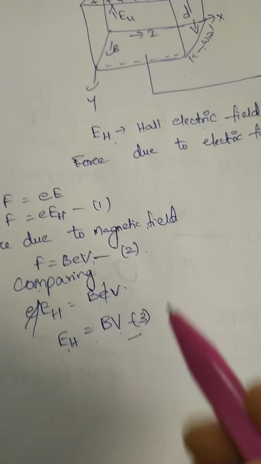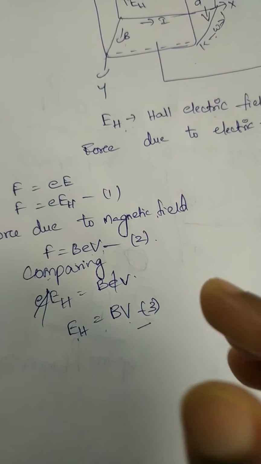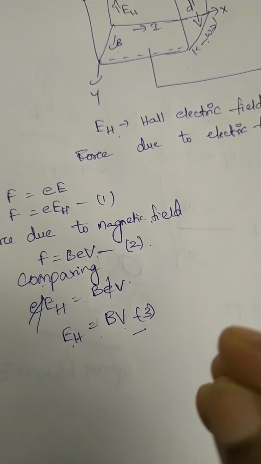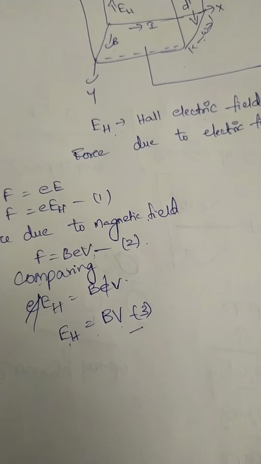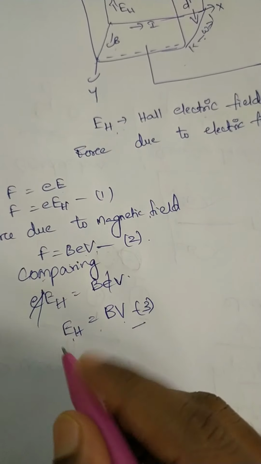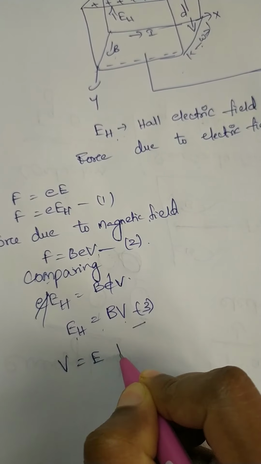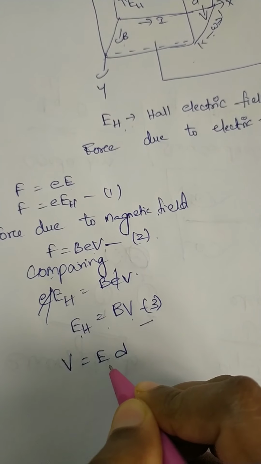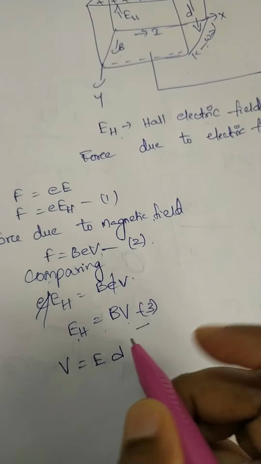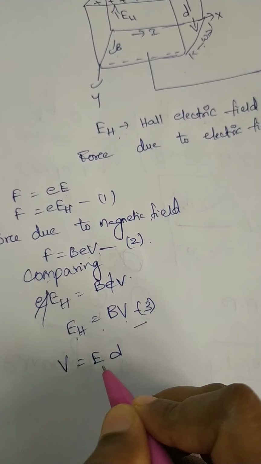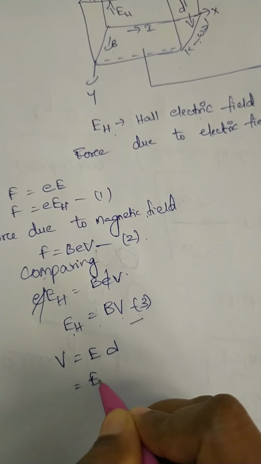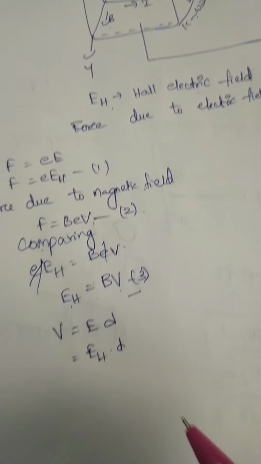Now we know that whenever electrons or holes are moving, there will be drifting. The formula for drift velocity is V equals E by d, so V equals EH into d.